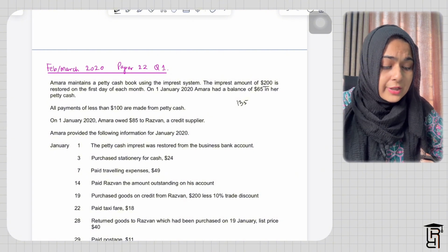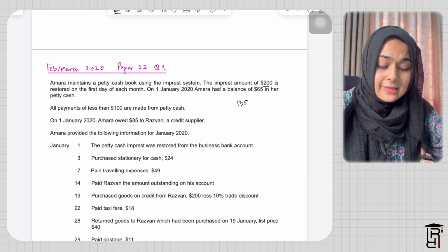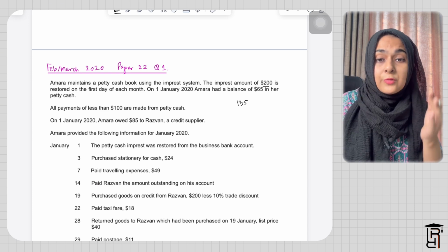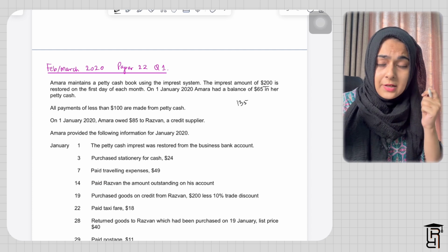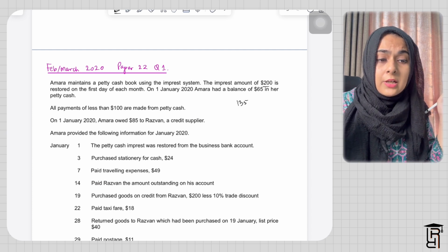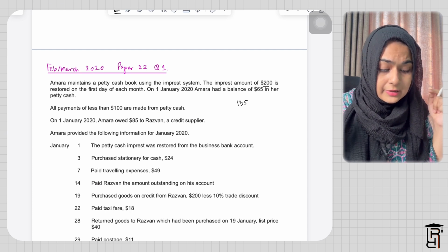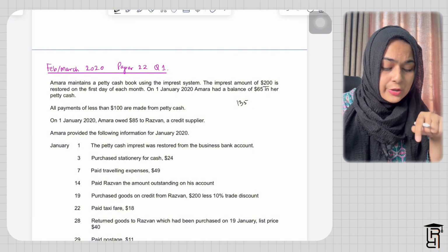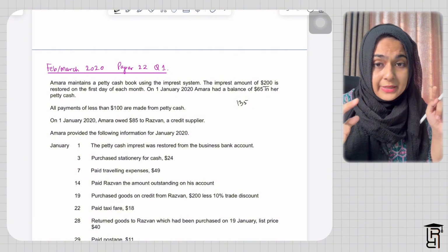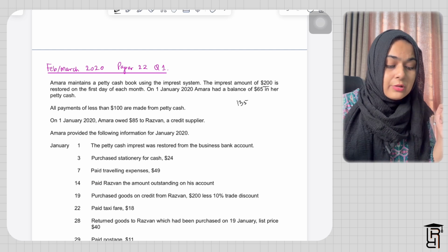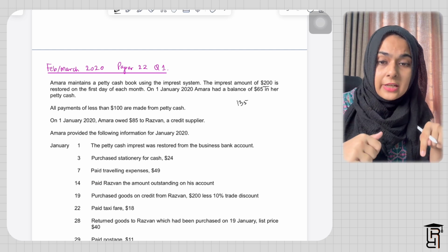So we'll add $135 more in the petty cash from the cash book. So we'll use the cash book and we will use the bank account. Depends. Yeah, so here we are going to restore the petty cash through the business bank account. So that will be an entry in your petty cash book.